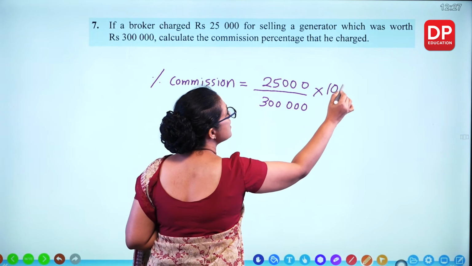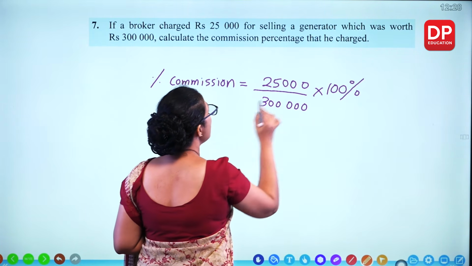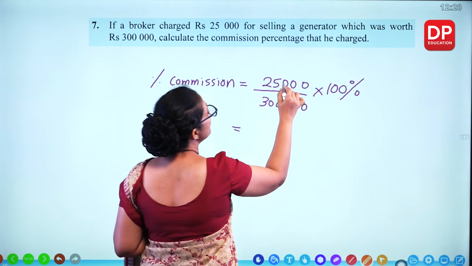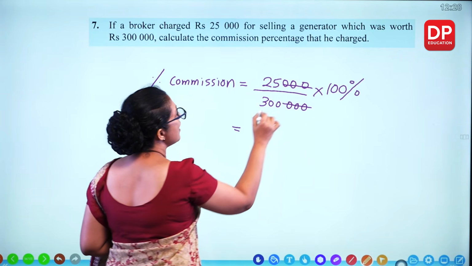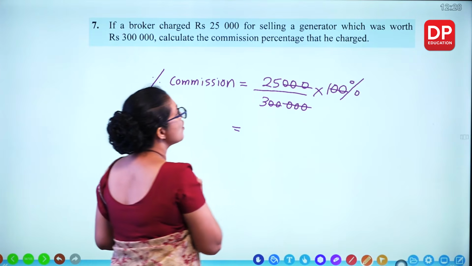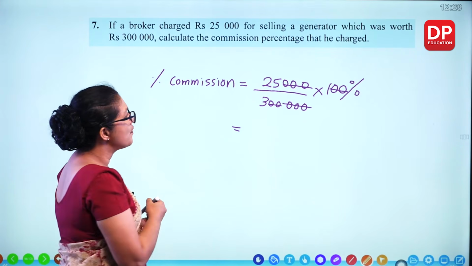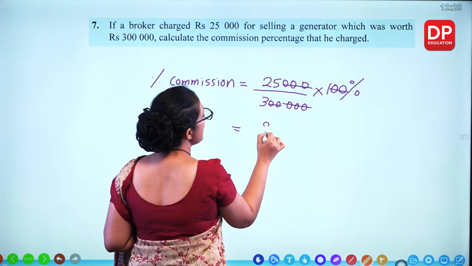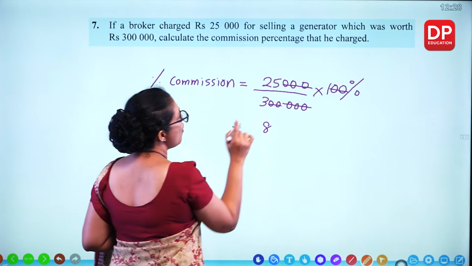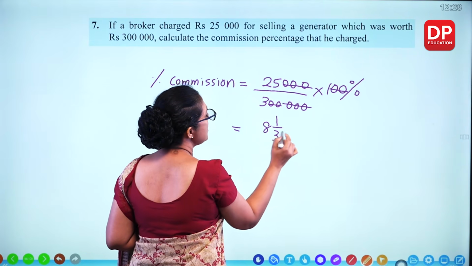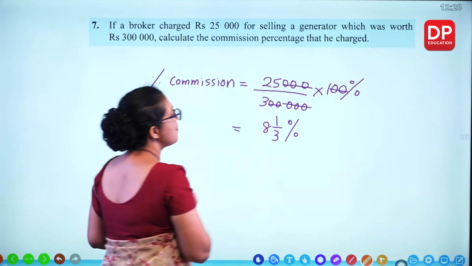So calculate as a percentage, multiply by 100. 3 zeros and 2 zeros get cancelled out. 25 over 3. So 3 times 8, 24, 1 remaining. So 8 and 1/3%.